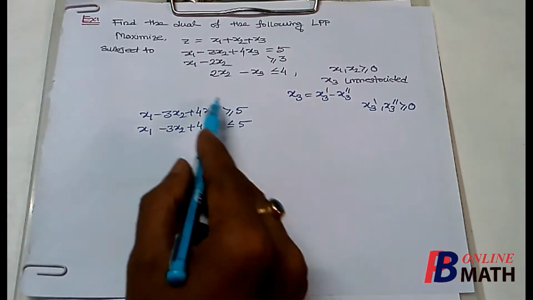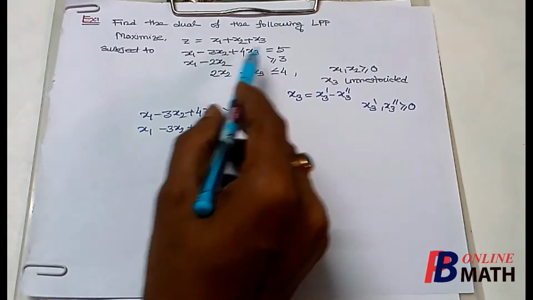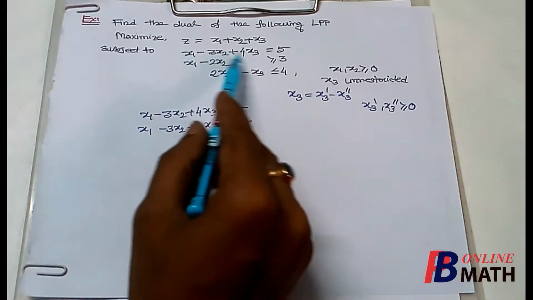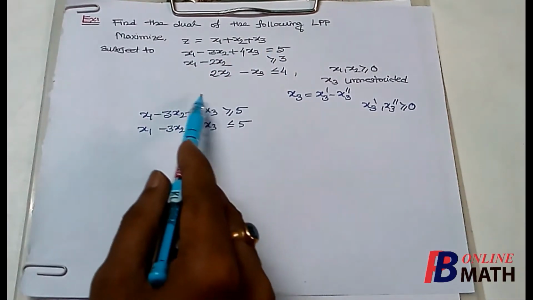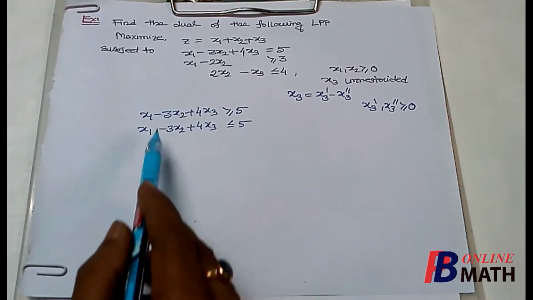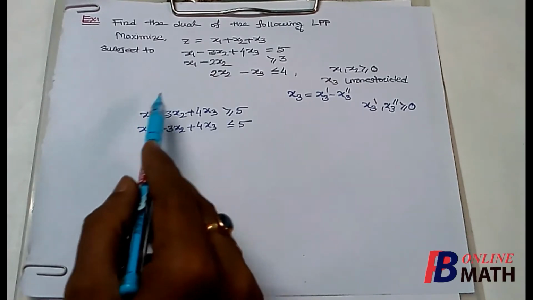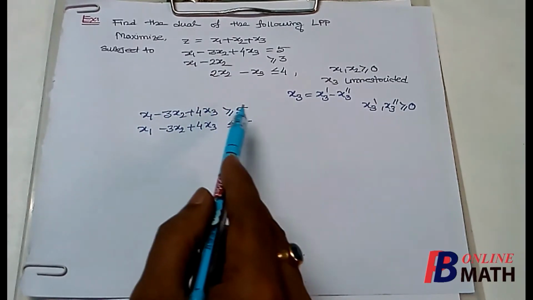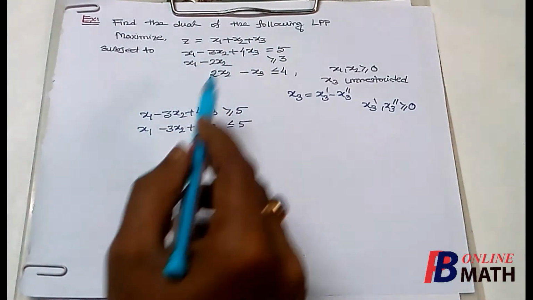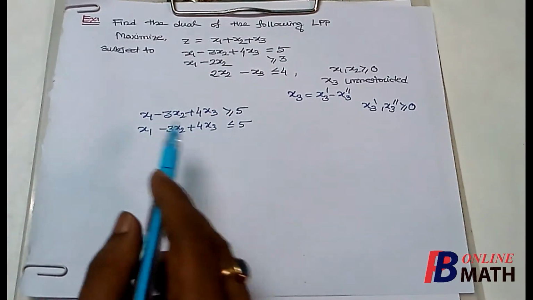So combining these two, we get this equation. So instead of this equation, we can consider these two inequalities, because if this is greater or equal to 5 and this is less or equal to 5, then the only conclusion is that this will be equal to 5. So instead of this constraint, we consider these two constraints.